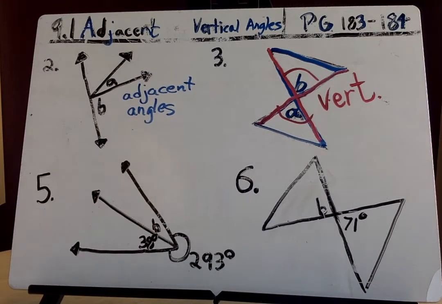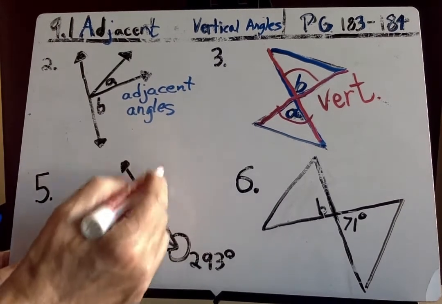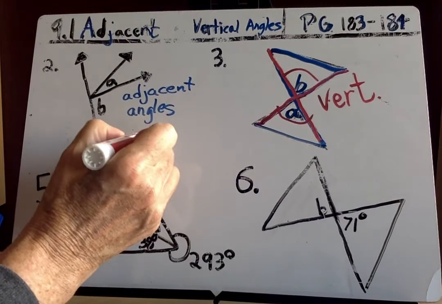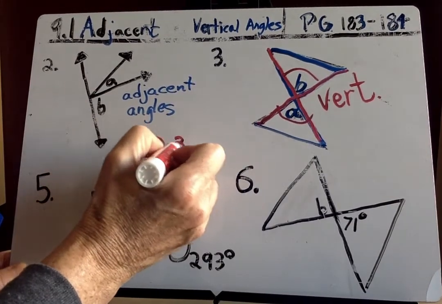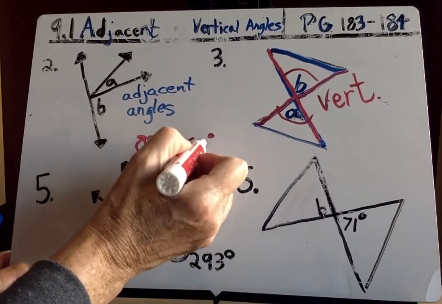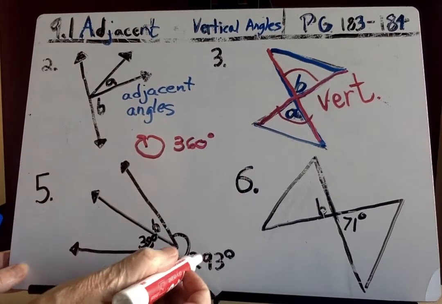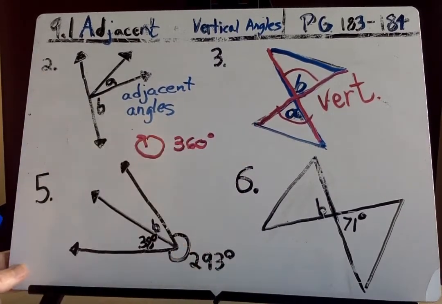Next, for number 5 on the next page, it says identify the relationship and find the measure of the unknown angle. Now, a full circle we know is how many degrees? 360, that's correct. So we're going to add all of these up together and they should equal 360.